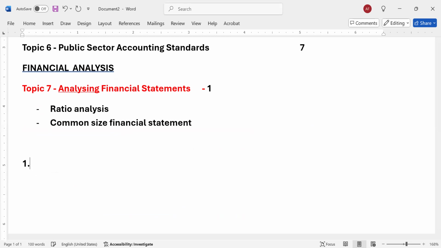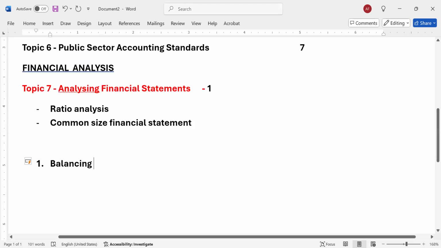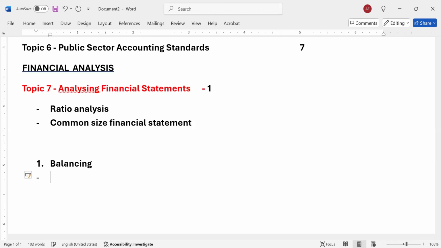Number 1, we read about balancing. I know you might be tempted to focus on the computation part only, but the balancing concept will help us a lot. How? Theory normally tends to be about 30 to 40%. And I'm going to show you how this paper is tested.